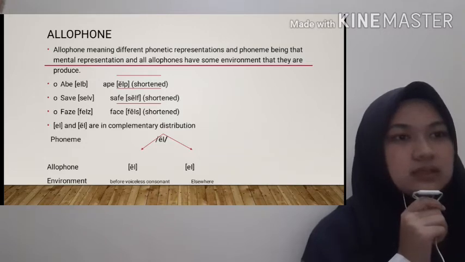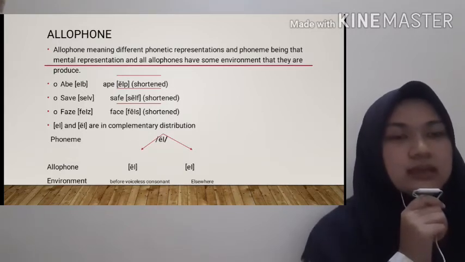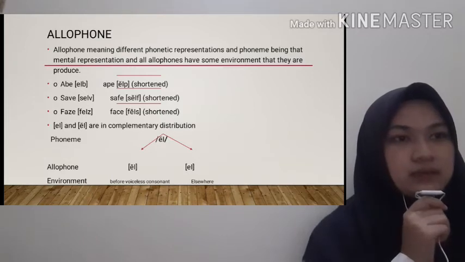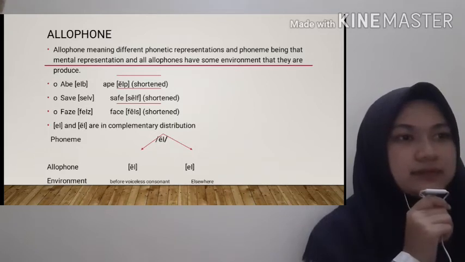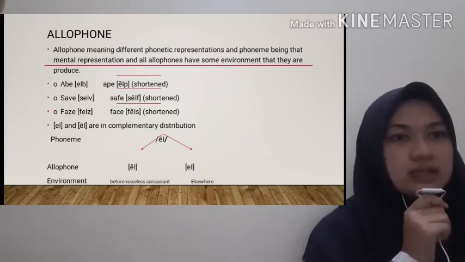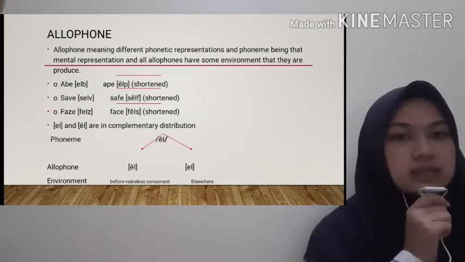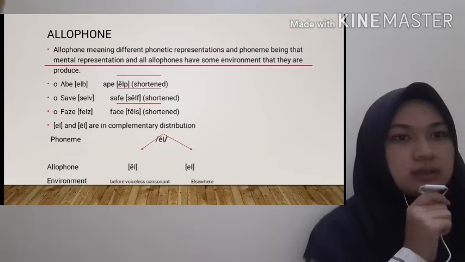The environment these sounds are in: when A appears before a voiceless consonant, where the vocal folds are not vibrating, the A is shortened. Up and up, we can hear the difference in the length of the diphthong. Safe and safe, fast and fast, we didn't have the difference. We don't necessarily notice that these are different sounds. So, the phoneme is the one that occurs in most places.